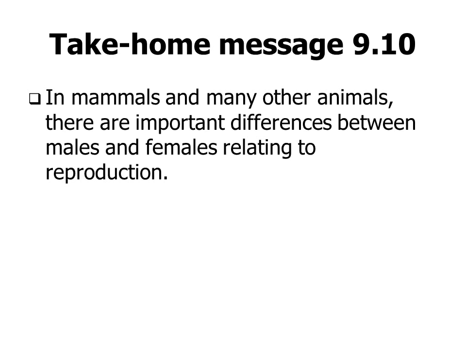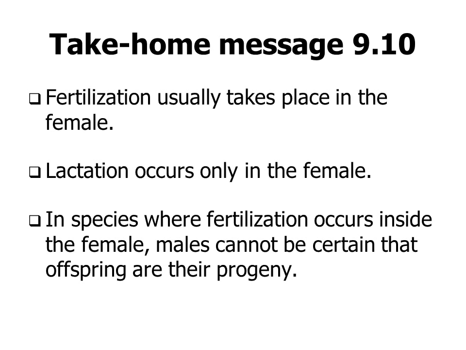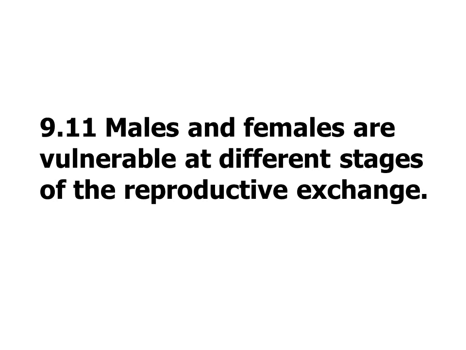Okay, so in mammals and many other animals, there are important differences between males and females relating to reproduction. In mammals, fertilization happens internally, and lactation is female only. In species where fertilization occurs inside the female, males cannot be certain that offspring are their progeny.